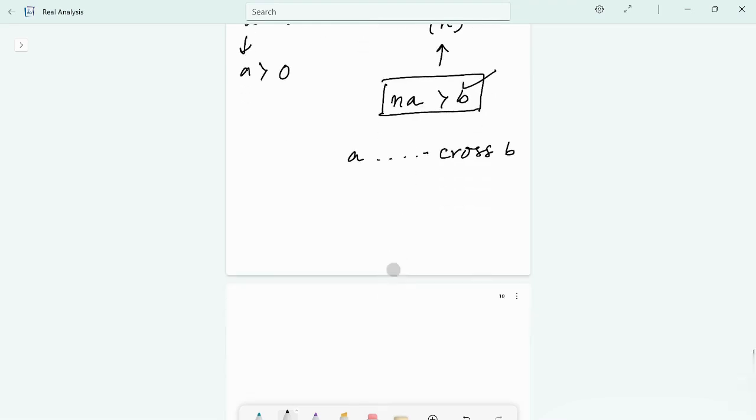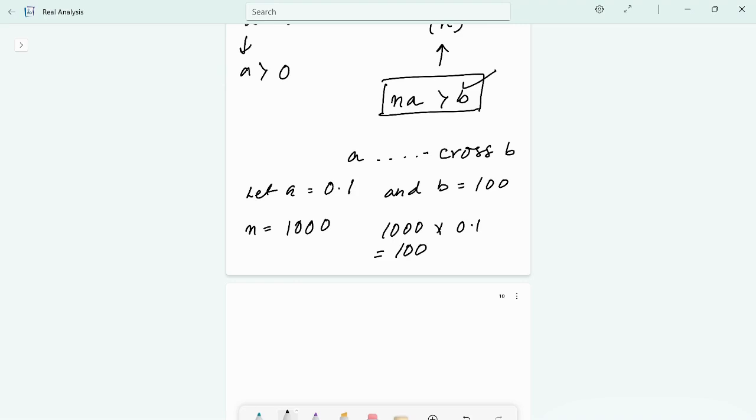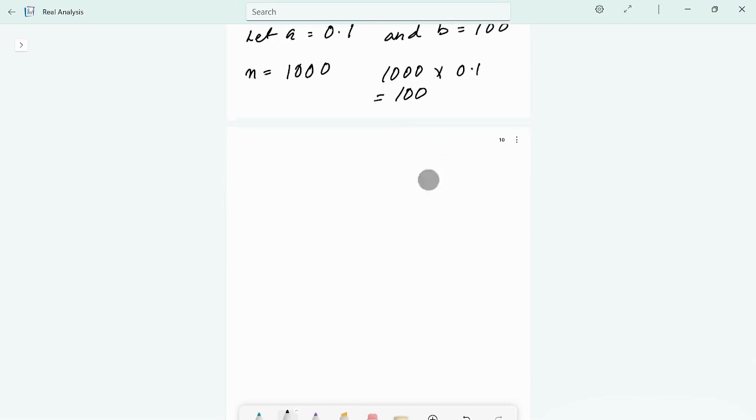Like for an example, if I say, let A equals 0.1 and B equals 100, then n equals, if we take 1000, works because 1000 multiplied by 0.1 is 100, right? So that's what I said. No matter how big B is, if you keep adding A enough times, you will eventually cross B. Now, why does this concept matter?